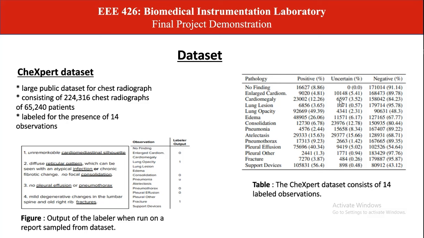There will be positive and negative as well as uncertainty, which basically represents ambiguity. Here is the output of the labeler when run on a report sample from the dataset. In this case, the labeler correctly extracts all of the mentions in the report and classifies the uncertainties and negations. Here 0, 1 and U respectively denote negative, positive and uncertain.